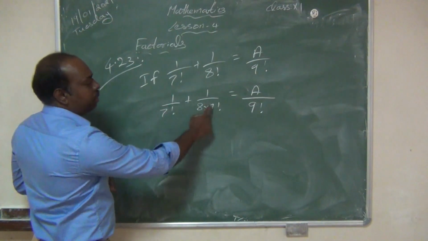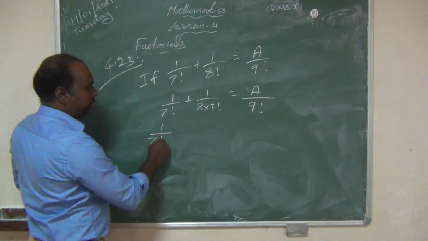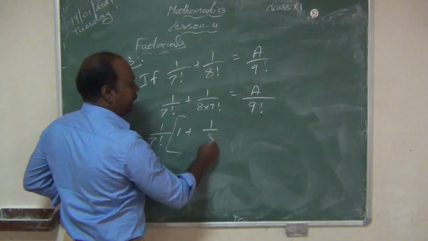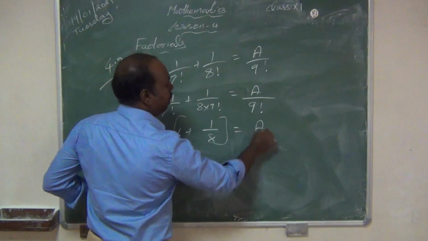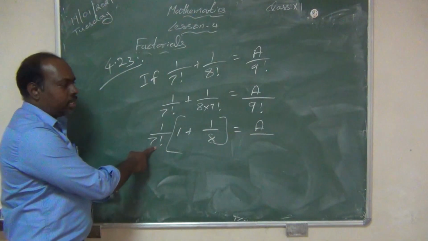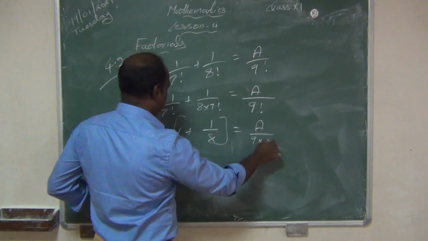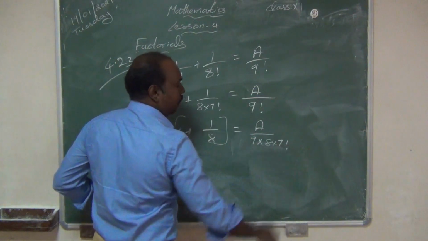What is common in these two terms? 1 by 7 factorial. Then the remaining 1 plus 1 by 8 equals a by, here we have 7 factorial on the left-hand side, so this can be written as 9 into 8 into 7 factorial, am I right?